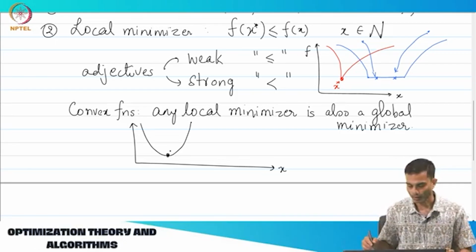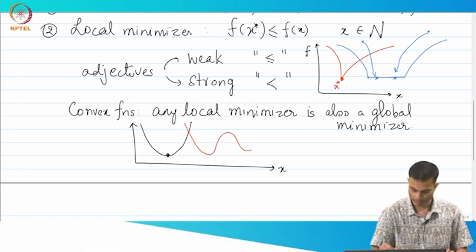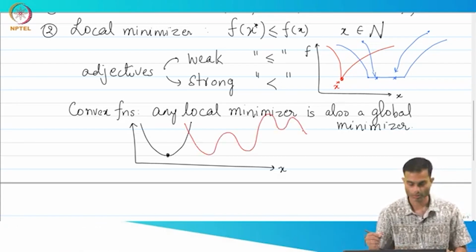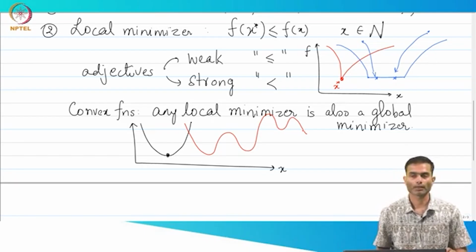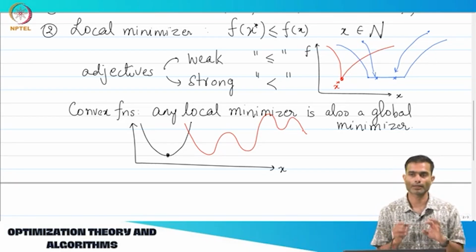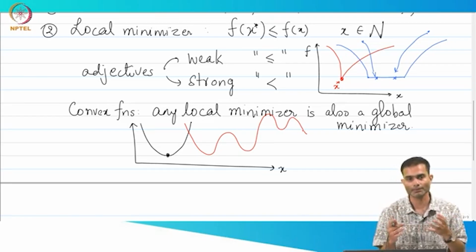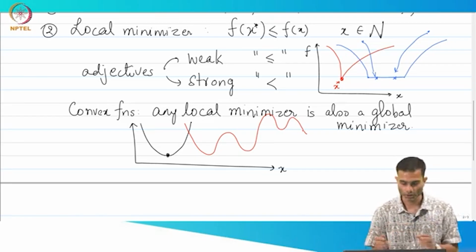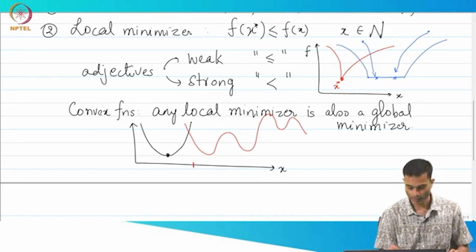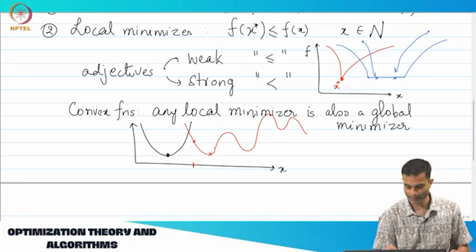On the other hand, if my function looks a little bit like this, right? Now the kind of techniques that we will use are all local optimization techniques. If you give me a starting point, I'm going to travel by using some recipe and reach a minimizer. So if I started from here, from this value of x, that is on this value of f, I will land up here.